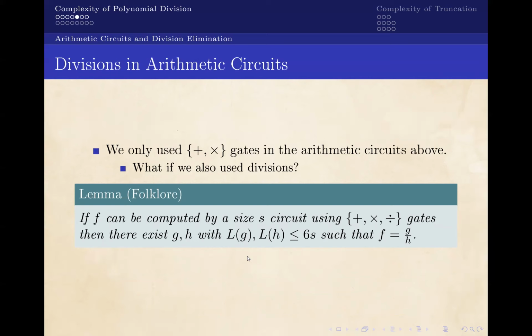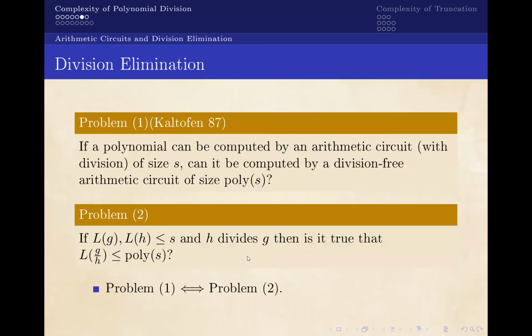There is a lemma that if we can compute f using a circuit of size s which uses division along with addition and multiplication, then we can compute two polynomials g and h, without division, whose complexity is at most 6s, such that f is g divided by h.